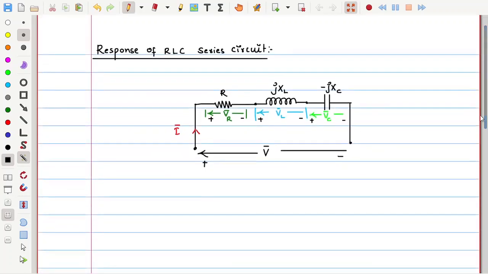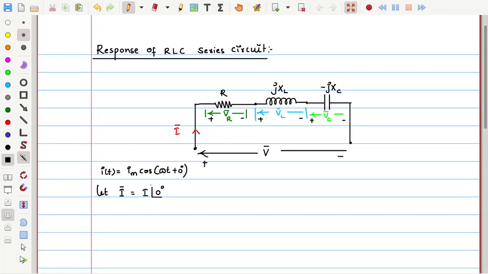Now let us assume some voltage or current, it's your wish, there is no fixed hard rule in this. But preferably, in a series circuit the current is common through every element, so we choose the current I bar equal to I at an angle of 0. That means the current might be I of t equal to Im cos of omega t plus 0.